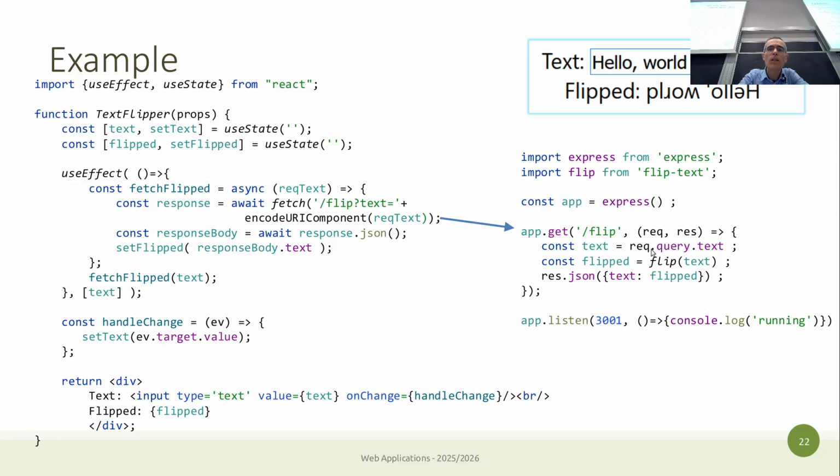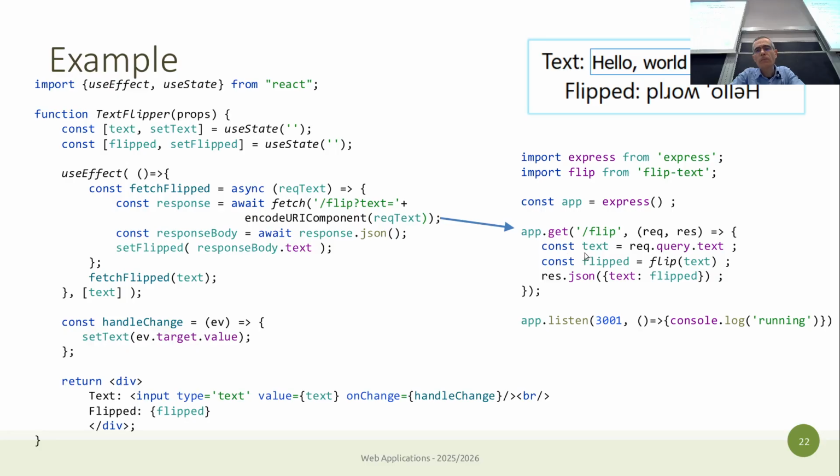We read req.query.text because we encode it as ?text=. This encodeURIComponent is from the JavaScript environment inside the browser. It makes sure that you send characters which are allowed inside URLs, since the user can type anything in the text box, and this function converts it into something which is a valid URL without changing the meaning of the characters.